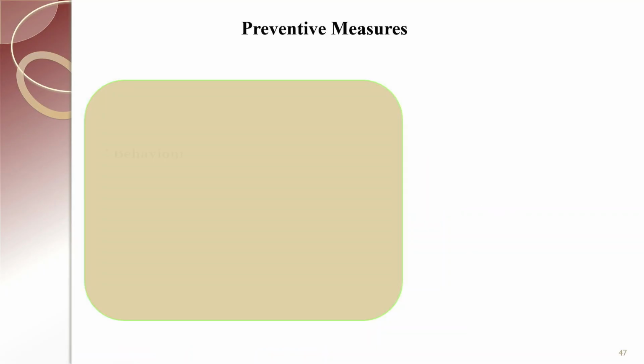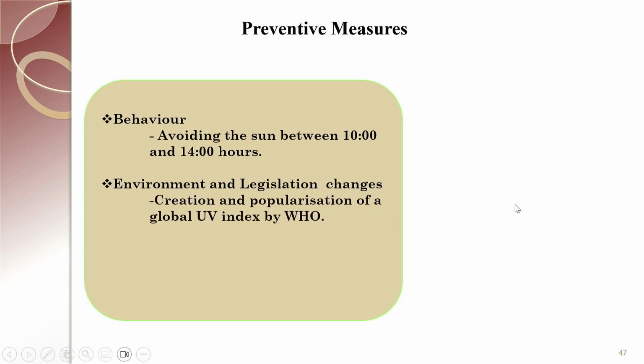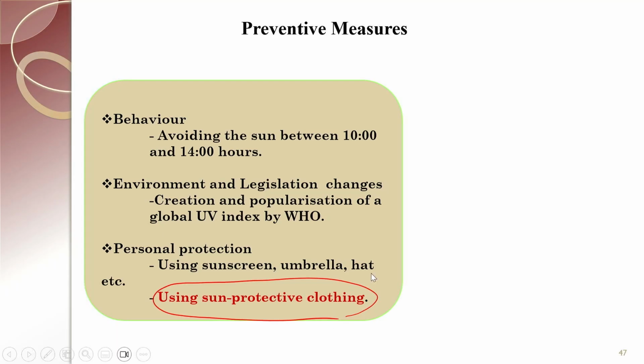So, the preventive measures are basically behavioral, as we have discussed, and environmental or legislation changes that we can make. We can create the UV index, and we can use personal protection, which we have already discussed. And then the main question is, can we develop clothing which will protect us from UV radiation?